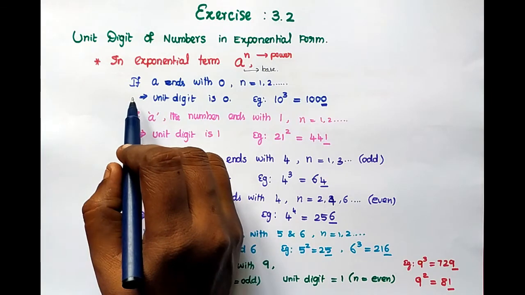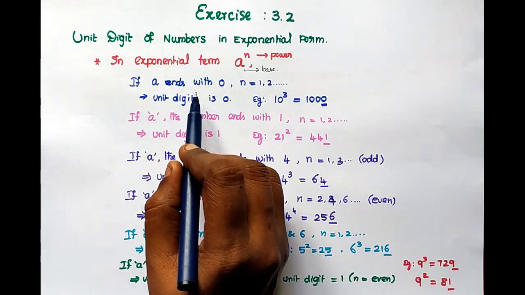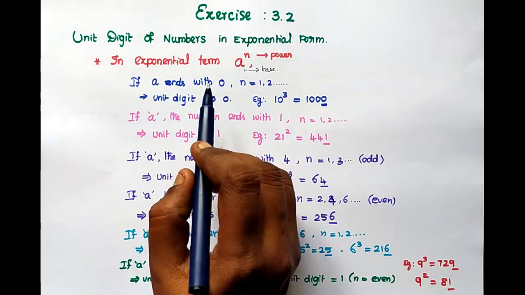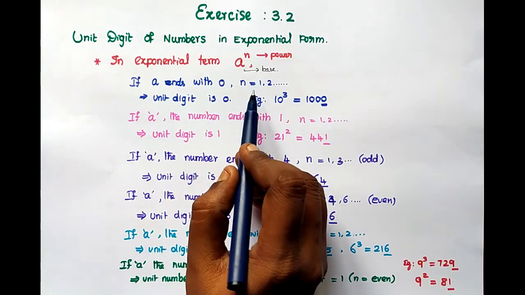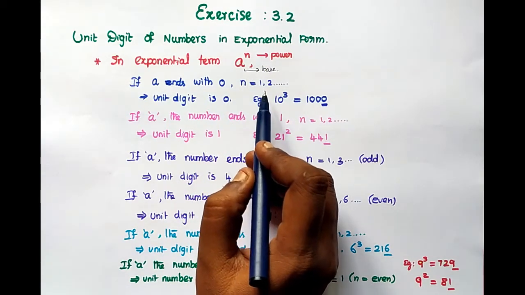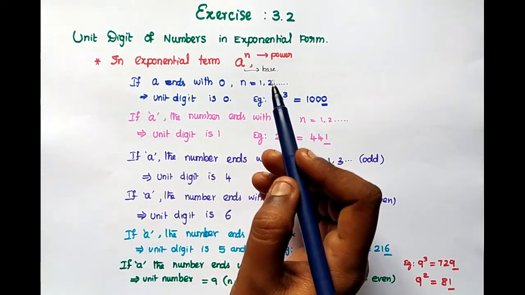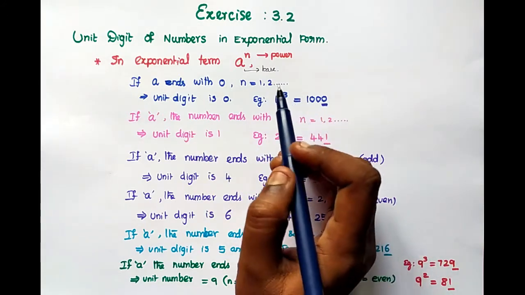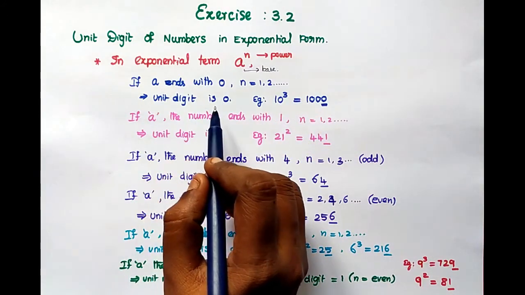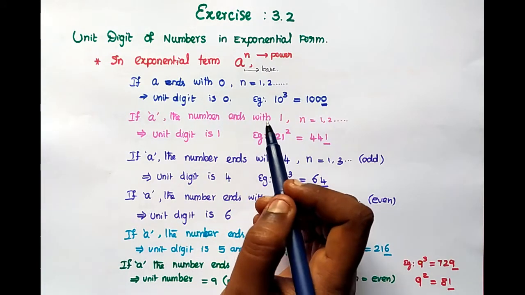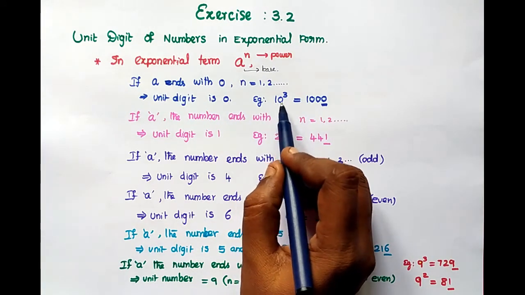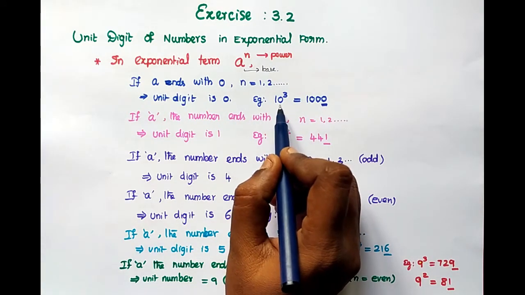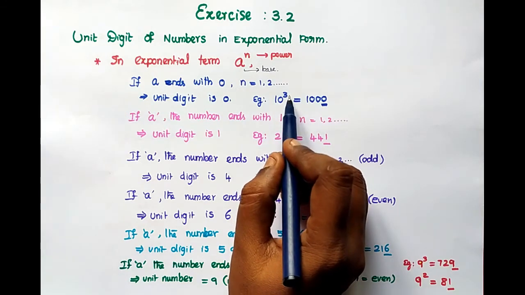Listen, the first one: if the base ends with 0 and the power is a natural number, anything 1, 2, 3, 4, 5, the unit digit comes 0. For example, 10 power 3. The base ends with 0, the power is 3.